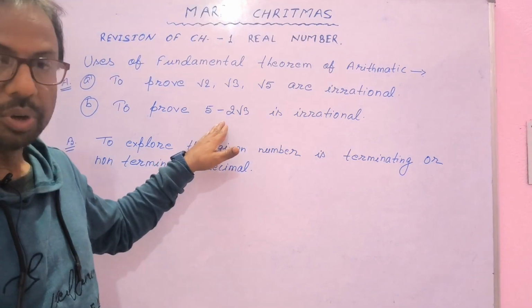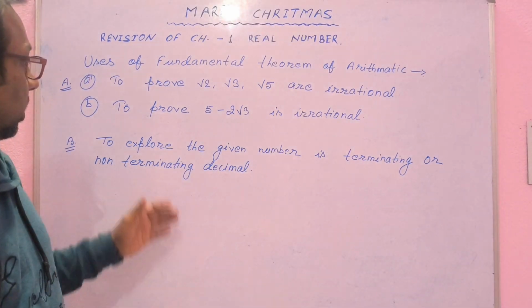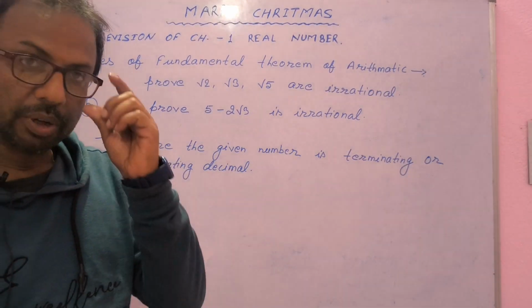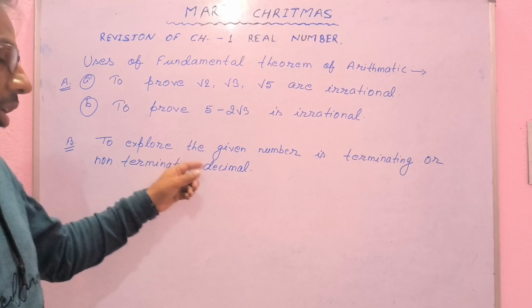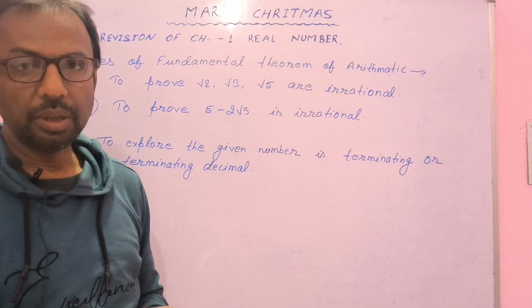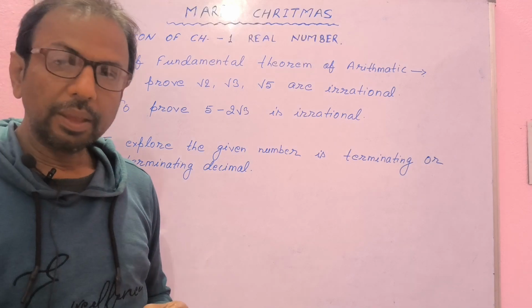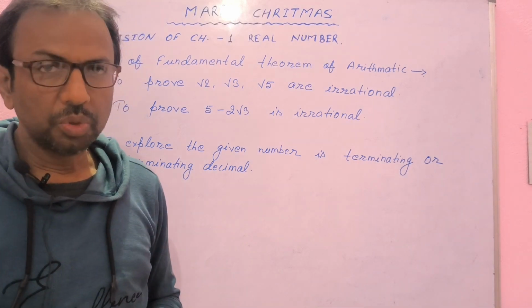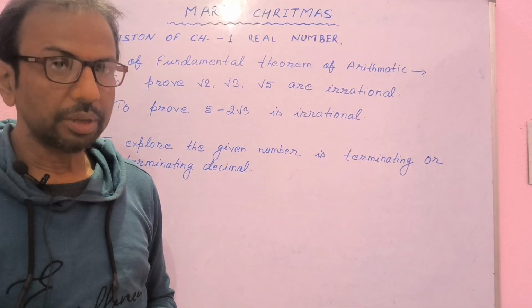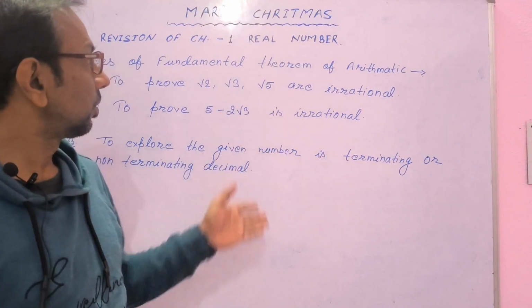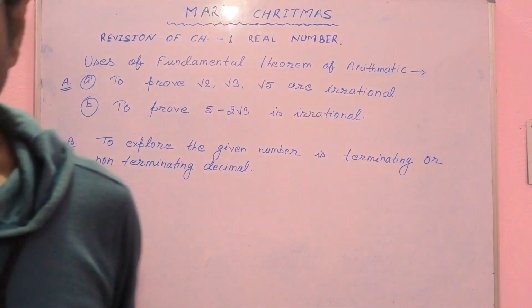So this is important. The second use of the fundamental theorem of arithmetic is to explore whether the given number is a terminating or non-terminating decimal, that you have studied already, to change that in the form of p by q.